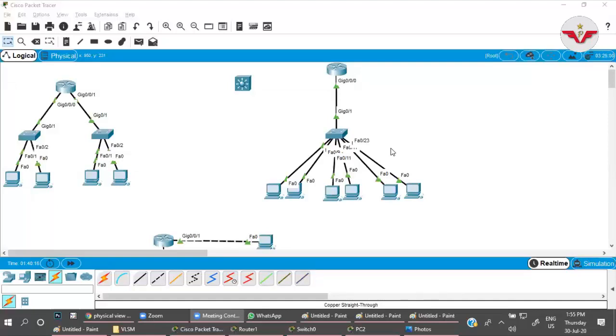Okay, so this is done for today. If you have any questions, you can ask, and tomorrow we will do supernetting and wildcard mask calculation. Sorry guys, there was some network related issue.